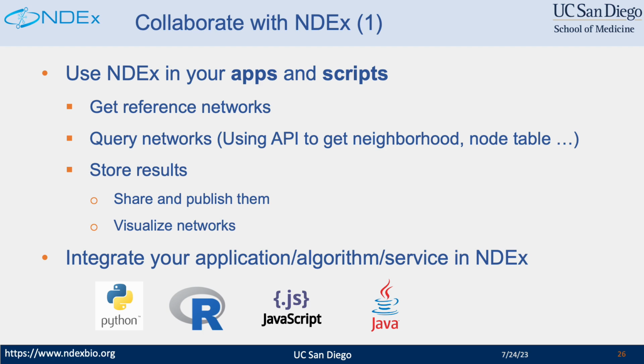If your application or pipeline generates data, you can always store those data in NDEx, then share and publish them online, and also visualize them in NDEx. If you have your novel applications, services, or algorithms that you want to integrate into NDEx, we can work together with you to integrate them into our infrastructure.